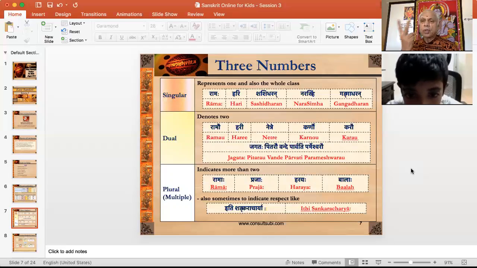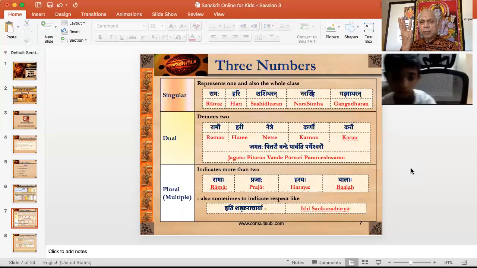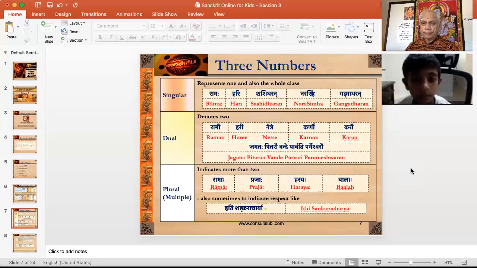The other is called dual. Dual means 2. 2 people, 2 fruits, 2 books. They are all dual. And then you have a plural, which means multiple, more than 2. So for each of these, the description becomes different.